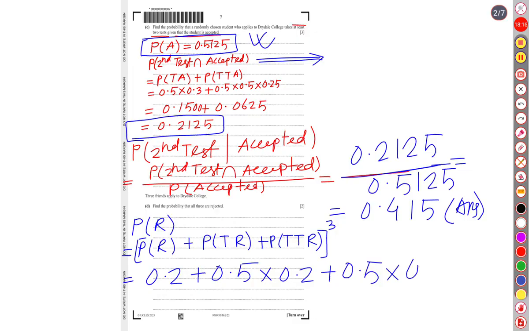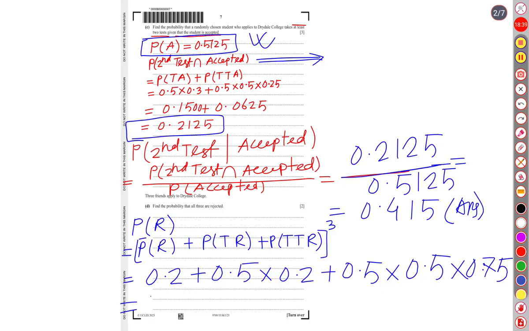The second one was also 0.5, that means retest. The third time he was rejected, and the probability of being rejected for the third time was 0.75, because acceptability was 0.25.